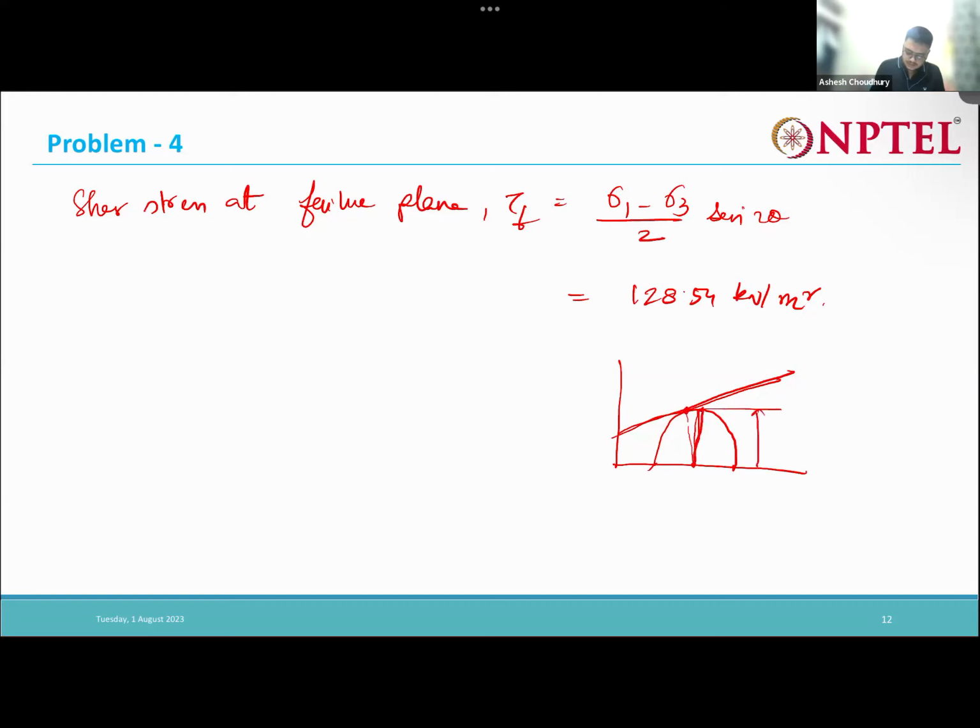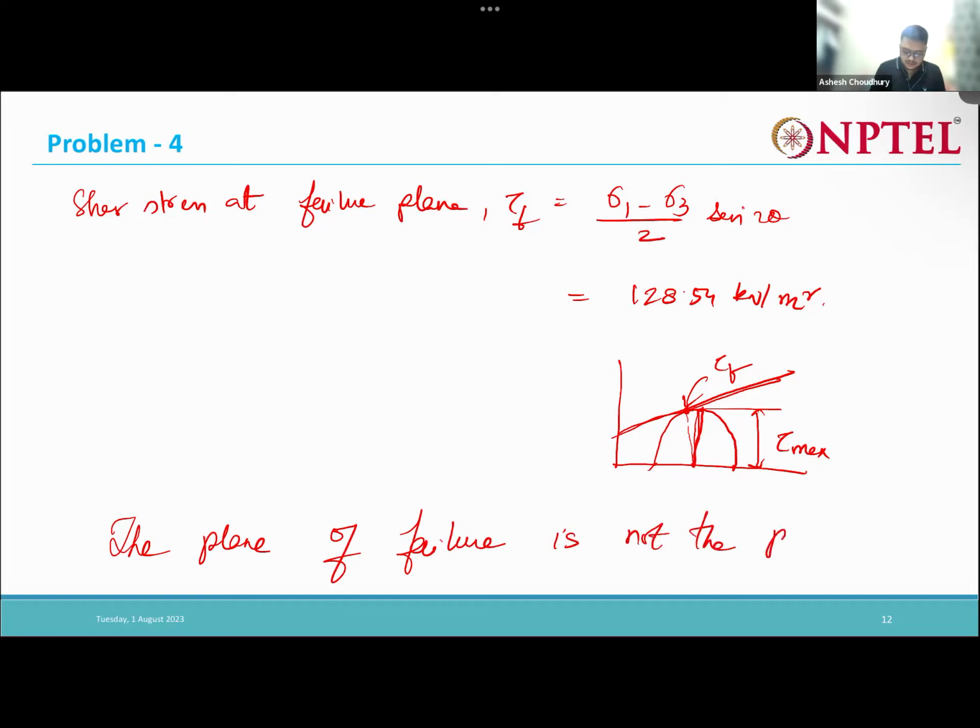This is tau max, and the shear stress here will be tau f. So the plane of failure is not the plane of maximum shear stress.